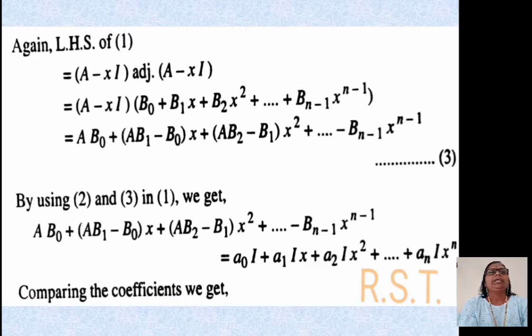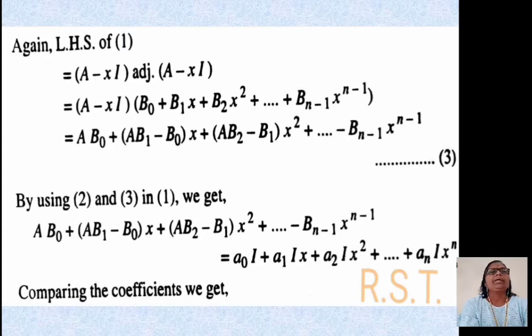Again consider the LHS of equation 1. From the previous term, you know that LHS of equation 1 is A minus xI into adjoint of A minus xI, which is equal to A minus xI into, in bracket, b0 plus b1x plus b2x squared plus up to the last term b(n minus 1) x raised to n minus 1, bracket complete. That means adjoint of A minus xI is taken from the previous equation.